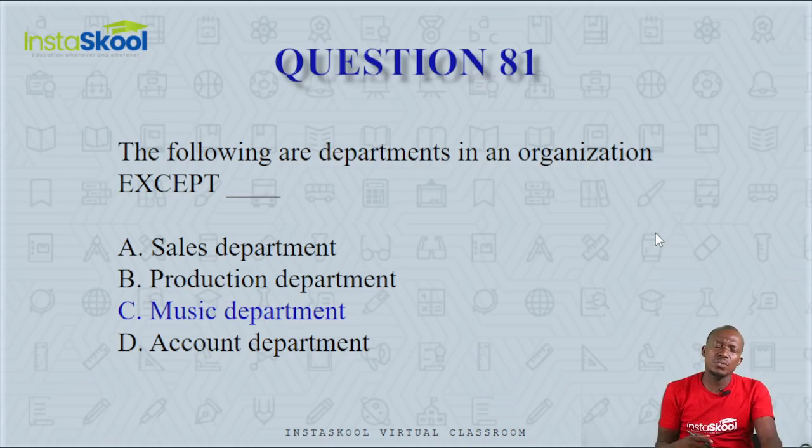The sales department of an organization is responsible for making sales, for selling their products. The production department is responsible for producing the products or the commodities to be sold. The accounts department is responsible for keeping the record of financial transactions of the organization. Business organizations do not have music departments.